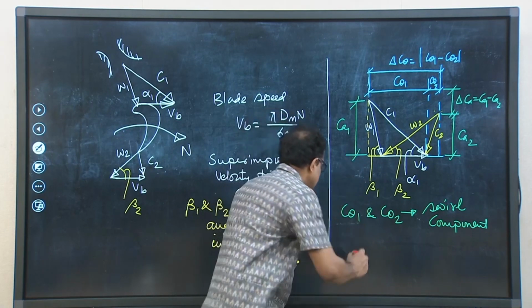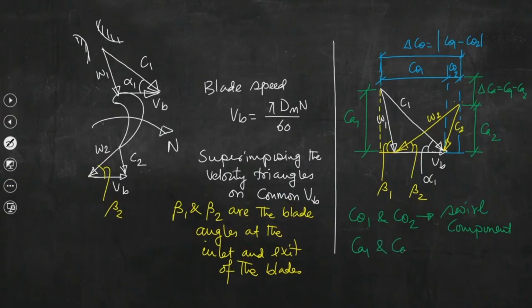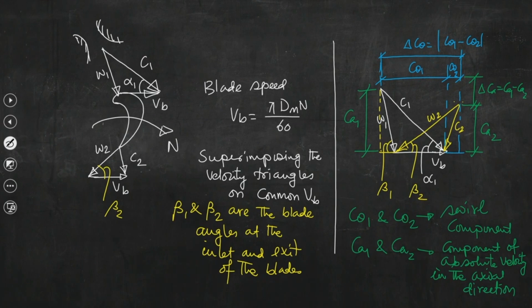Similarly, CA1 and CA2 are the components of absolute velocity in the axial direction, and you can see that CA1 is not equal to CA2.